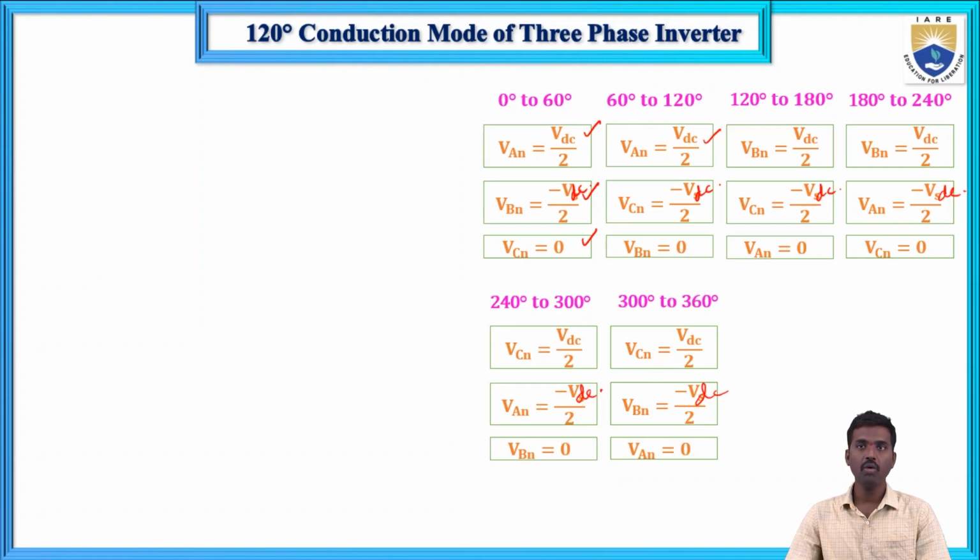So now we have all the phase voltages during 0 to 60, 60 to 120, 120 to 180, 180 to 240, 240 to 300, 300 to 360. At each 60 degrees interval, we got all the phase voltages. From this, we can plot the phase voltage waveform diagram.